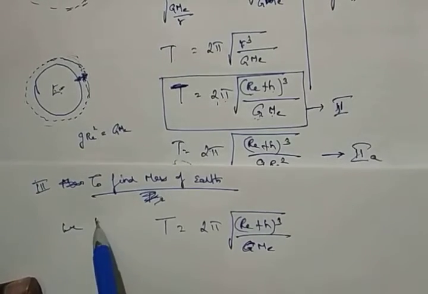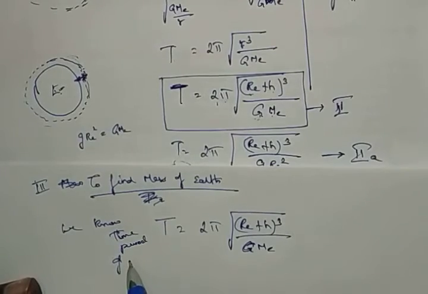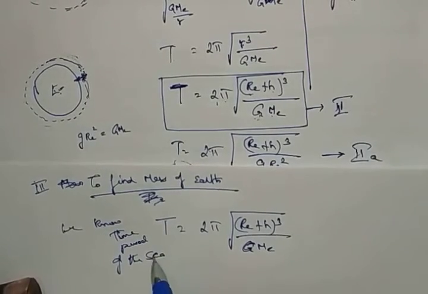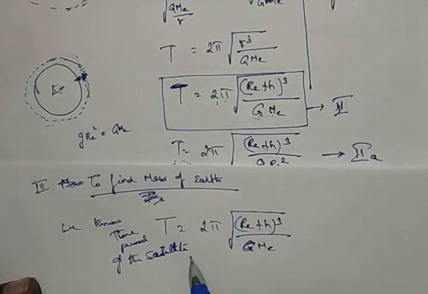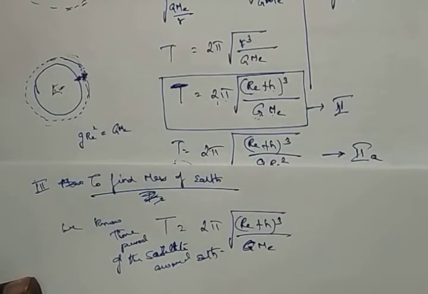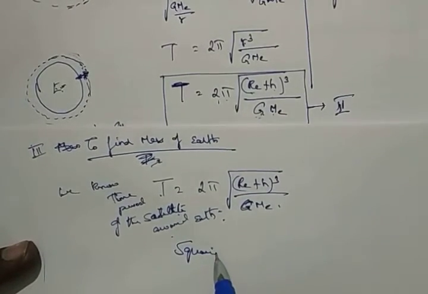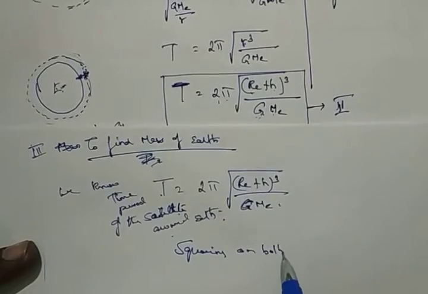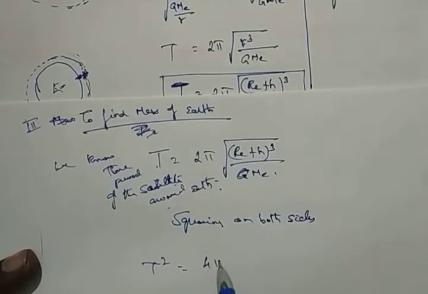We know the time period of the satellite around the Earth, T is going to be equal to this much. Squaring on both sides, T square is going to be equal to 4 pi square.